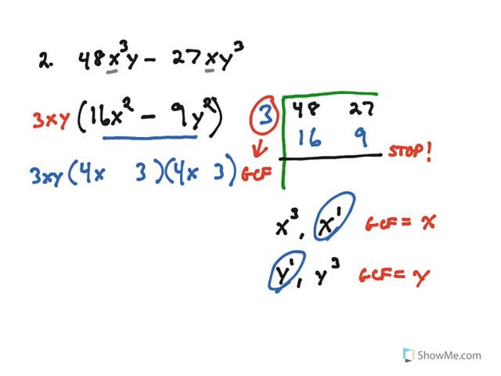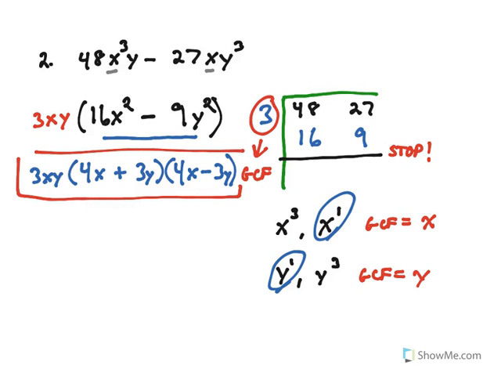It's going to be a 3. What times what is y squared? That's going to be a y. One has to be a plus, one has to be a minus. So this is my answer. So these are really good problems to get you used to factoring.